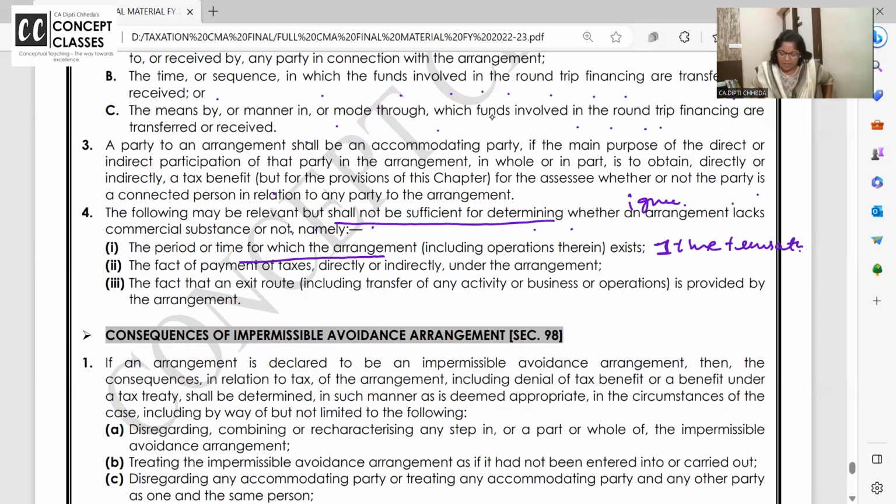GAAR is not saying the transaction should be repeated, so it is not sufficient whether an arrangement lacks commercial substance, namely period or time for which arrangement exists, कितने टाइम के लिए कितने बाद, fact of payment of tax directly or indirectly, fact that an exit route including transfer of activities is provided by the arrangement or not. Exit route is what? कि आप निकल जाओ यहां से easily.